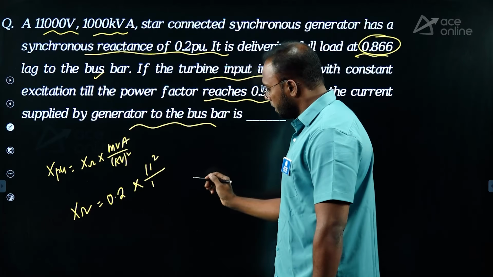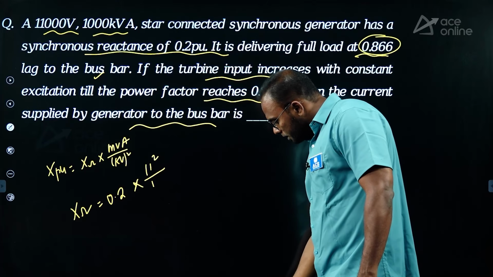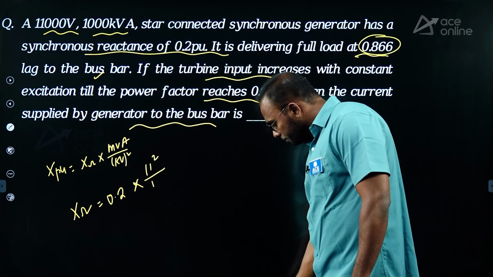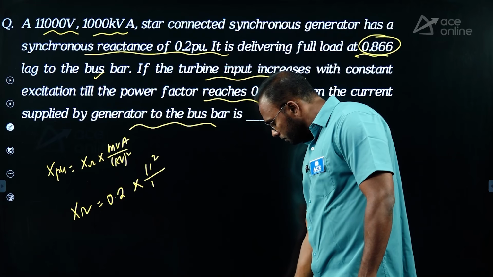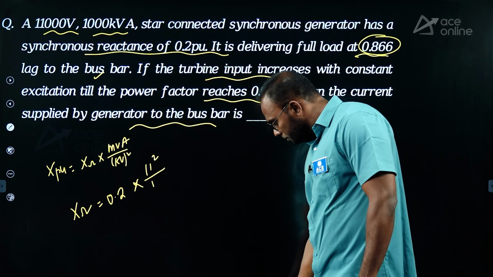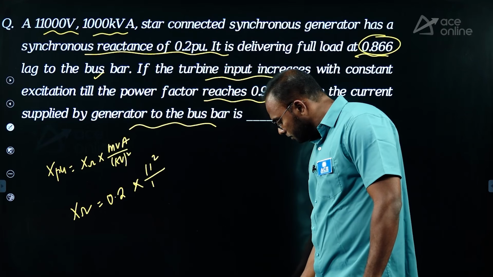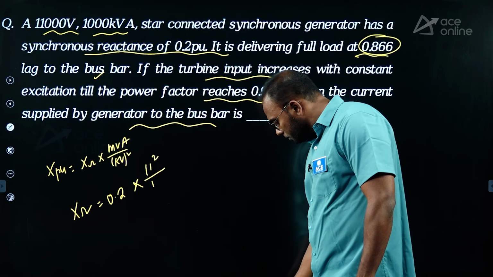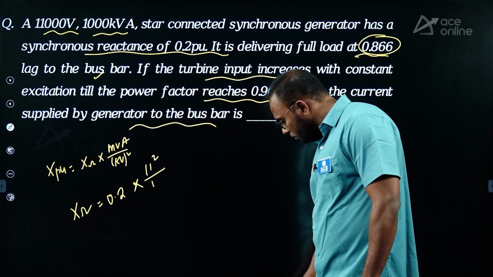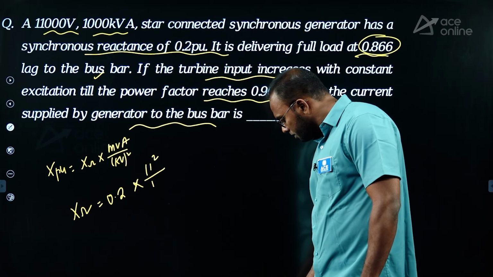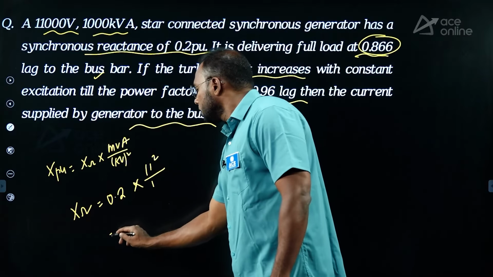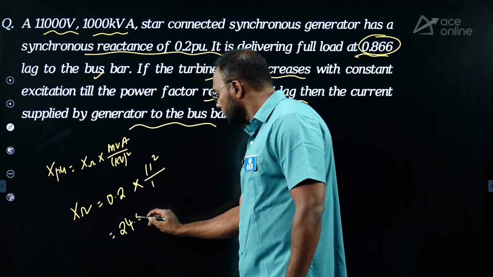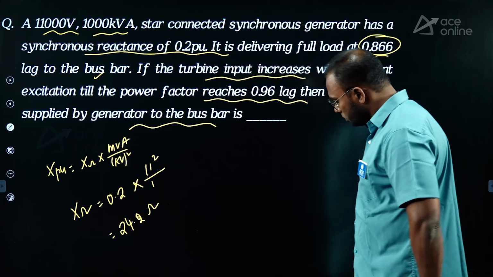If you simplify, the reactance in ohms we are getting, cross check this, is around 24.2 ohms. Cross check all the values: 24.2 ohms per phase.